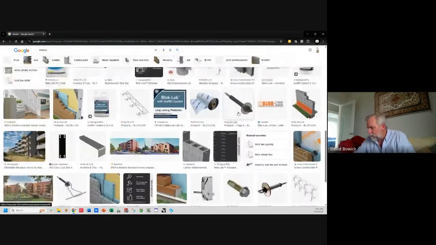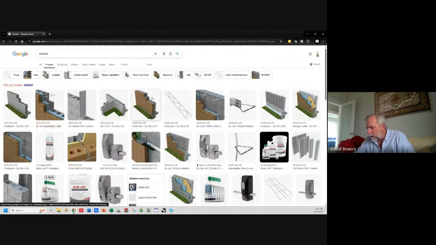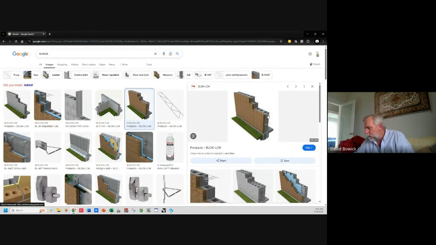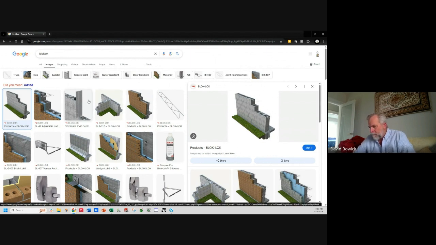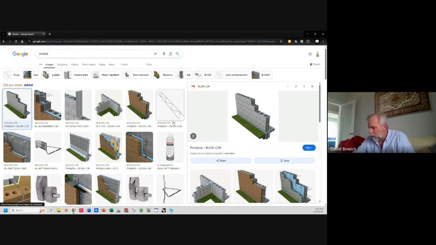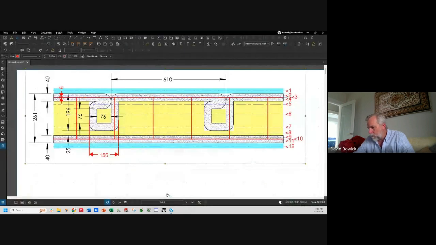The very standard block lock would look like this. Anyway, you can have diagonal webs, you can have parallel webs. There's lots of different configurations of block lock, but it consists of wires that are welded together that get laid into the mortar joints of block. But we also use them to reinforce 3D printed walls.